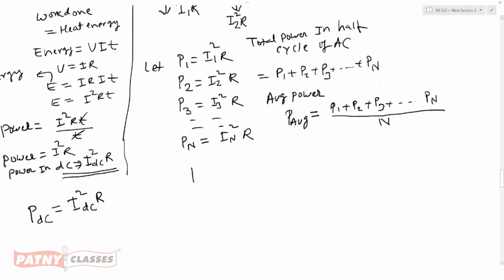Now P average equals P1 plus P2 plus P3 and so on up to the Pn divided by N. So what is the P1 value?